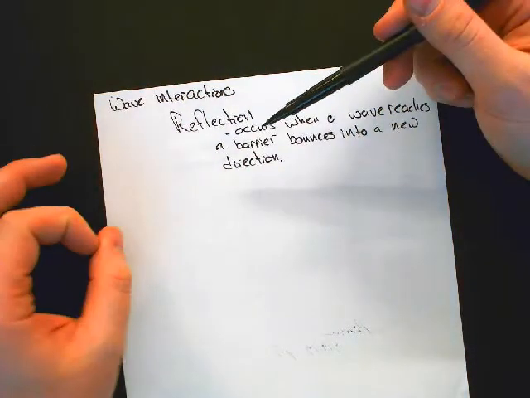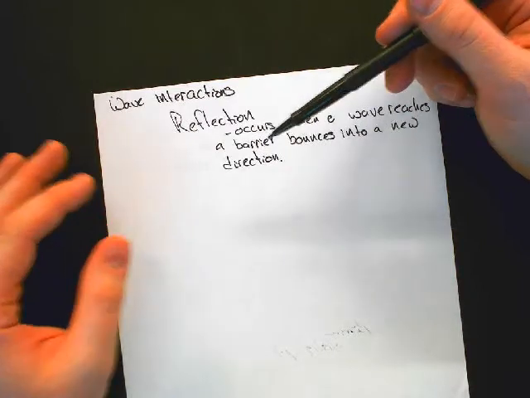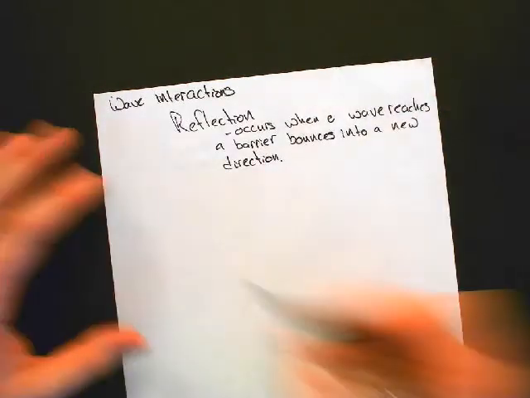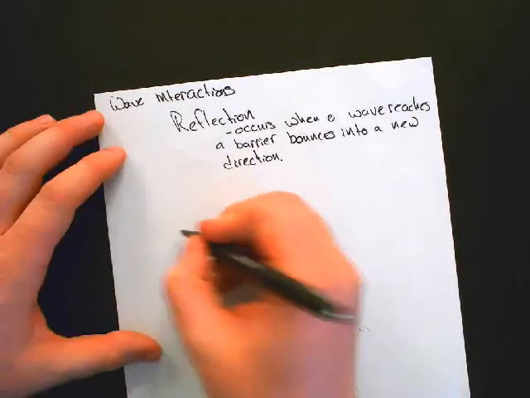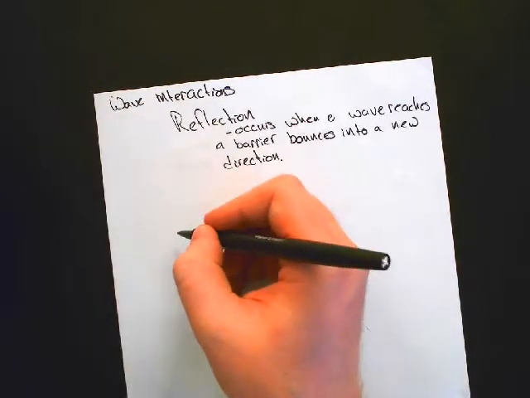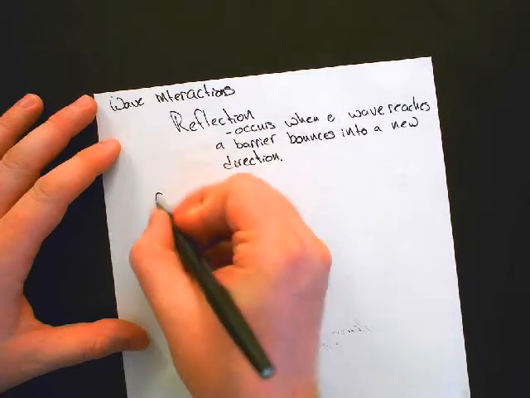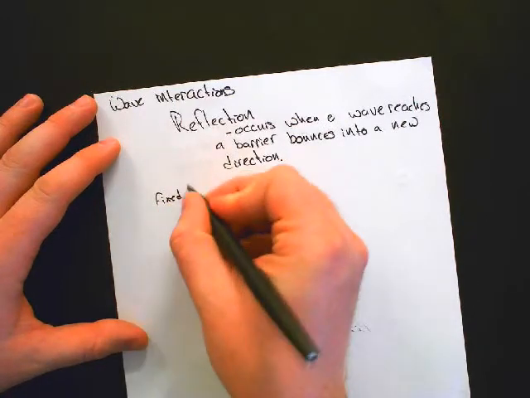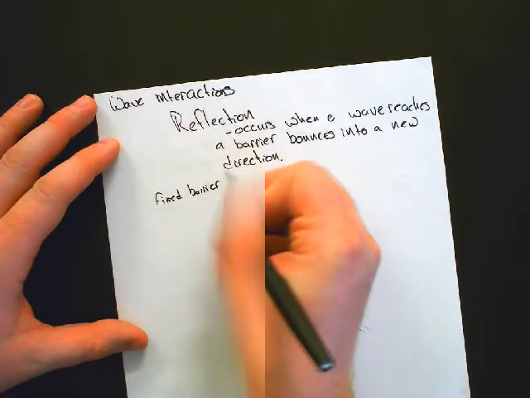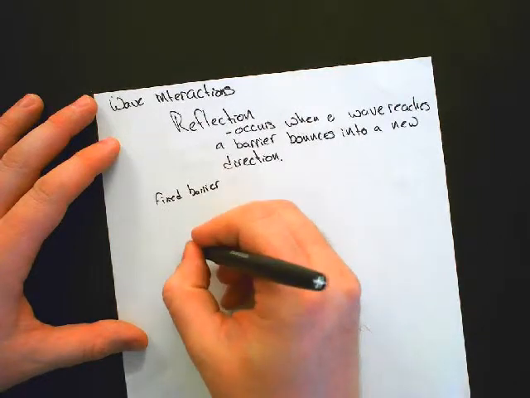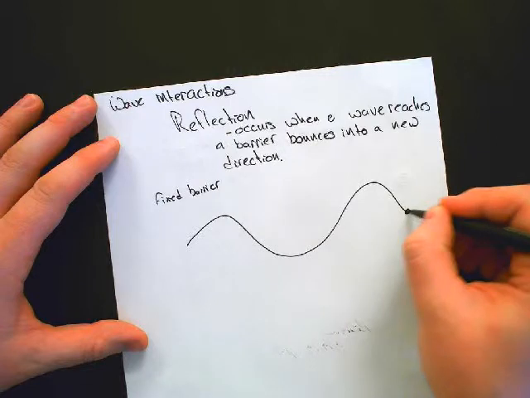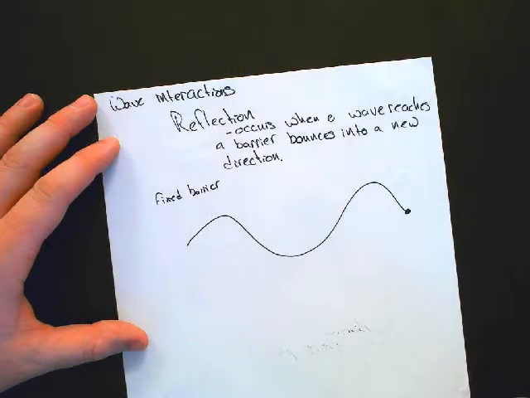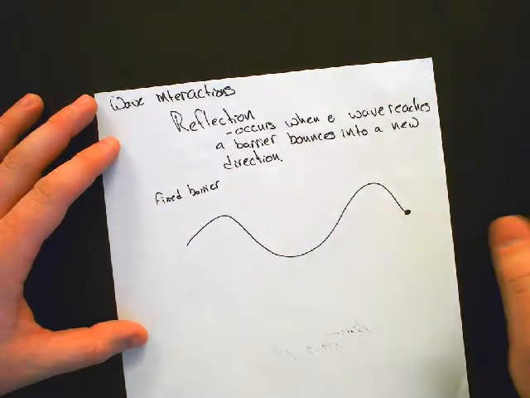When we were talking about this in terms of the stuff we saw yesterday with ropes and strings, we saw that there are a few different types of barriers that we could reach. A fixed barrier versus a free barrier. So for a fixed barrier, as we shook the string and it sent a wave down and reached that endpoint, what did you notice about the reflection of the wave?